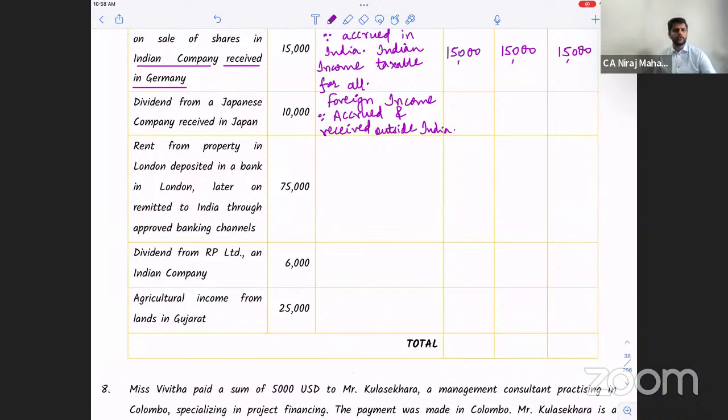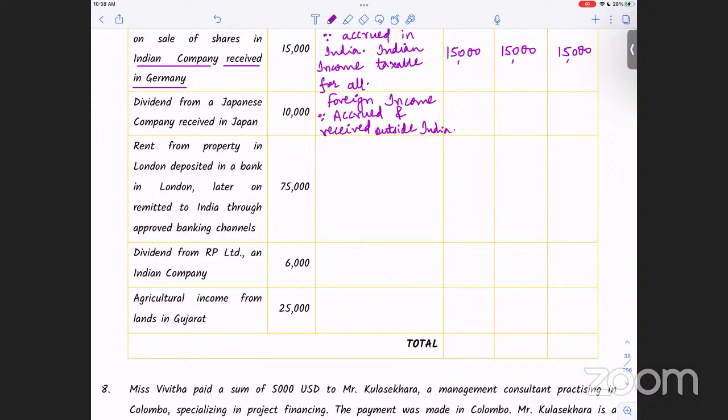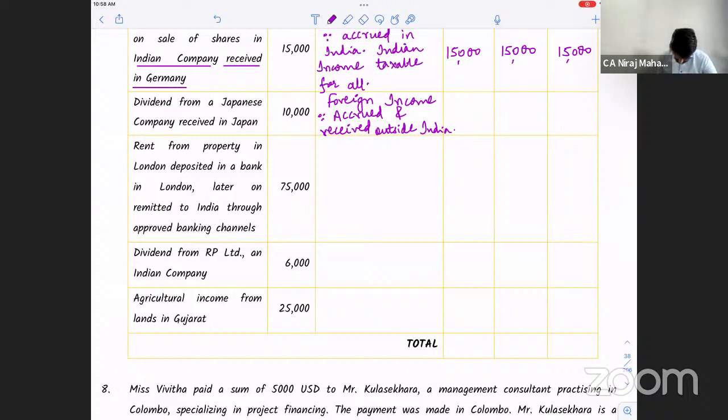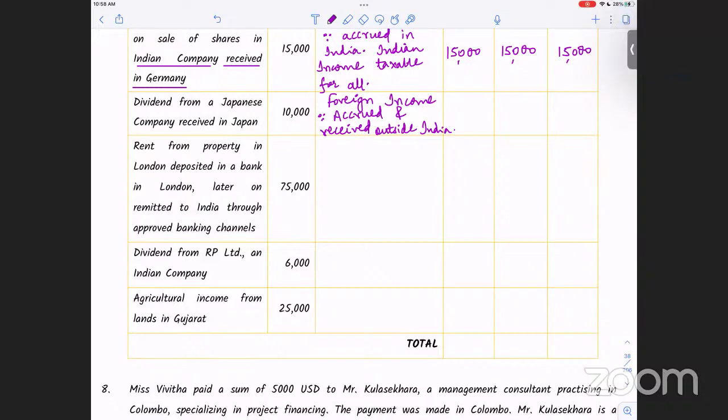What about ROR? You have to tell me taxable or not taxable. ROR, 10,000, taxable.